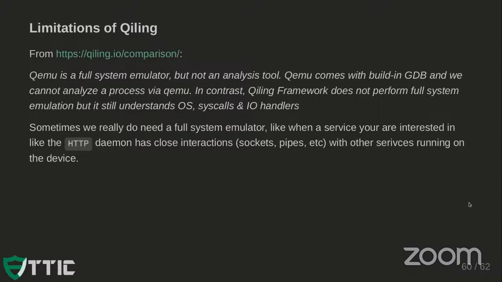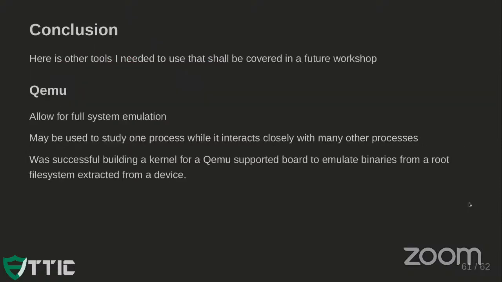But Unicorn can only emulate a single binary at a time, and the web server won't initialize, so it won't be usable and reachable from the network if those services weren't running. It was too complicated to patch the web server so it would run without these services.